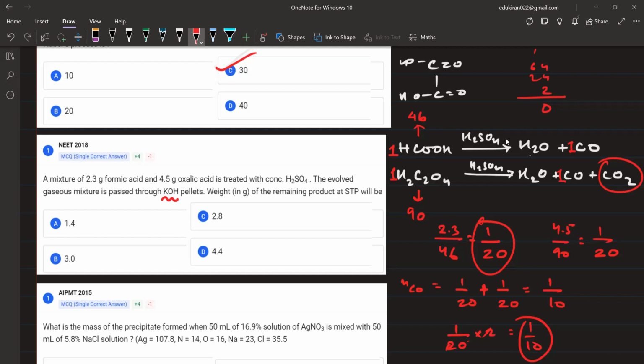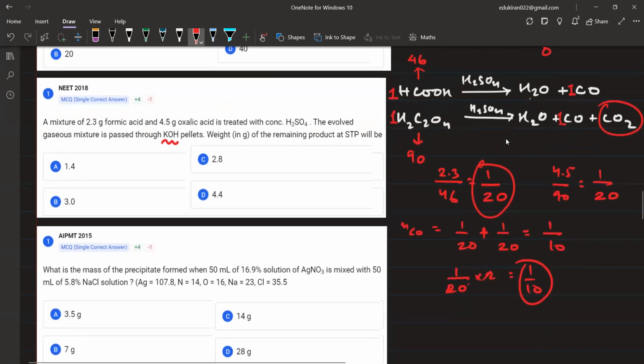Now 1/10 moles. So 1 mole, वेट बोले पूछा है ना कार्बन मोनोऑक्साइड. कार्बन का कितना होता है? 12. ऑक्सीजन कितना होता है? 16. 28. So 28/10. So answer will be 2.8.